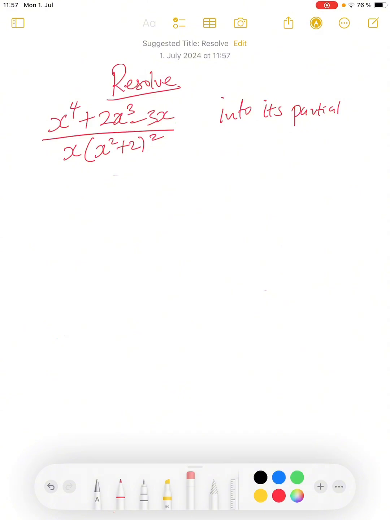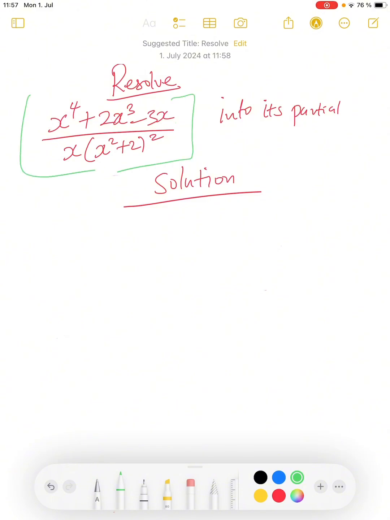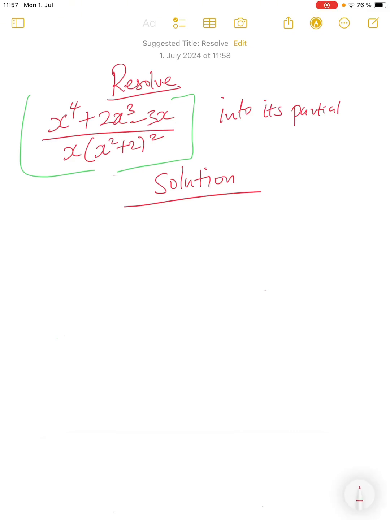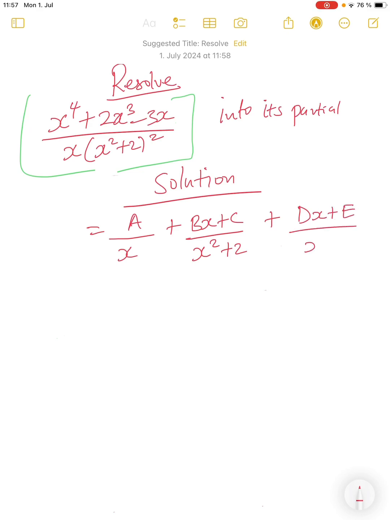So we are asked to resolve this into its partial fractions. To do this, we need to express this fraction in the form of its partial fraction. So we need to break it down to the possible form in which the partial fractions should appear. Without repeating the question, we have this as a over x plus bx plus c over x squared plus 2 plus dx plus e over x squared plus 2 all squared.